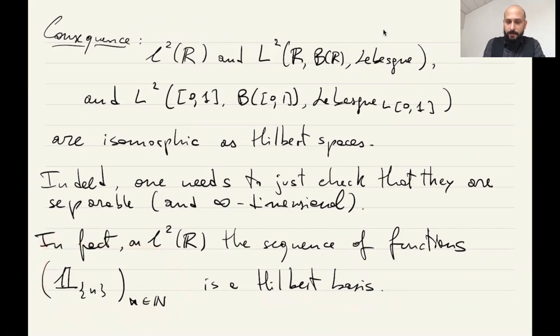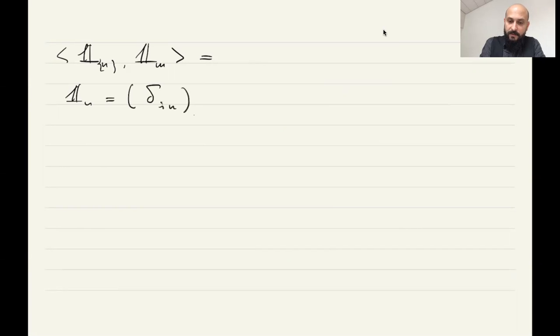Let's do this simple exercise. If I take the scalar product between characteristic of n and the characteristic of m, let's see what this is. I can also write characteristic of n as the sequence delta i n, as a sequence in i.